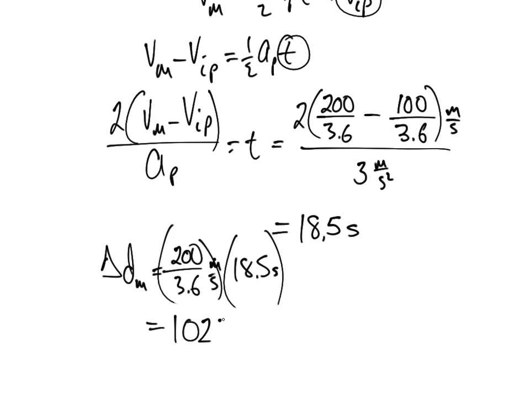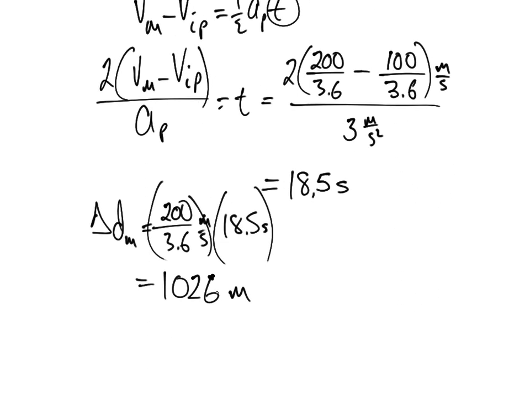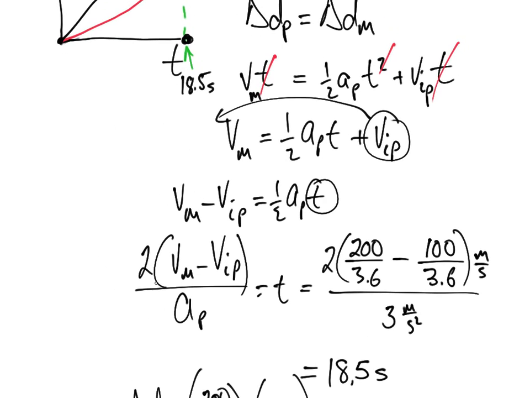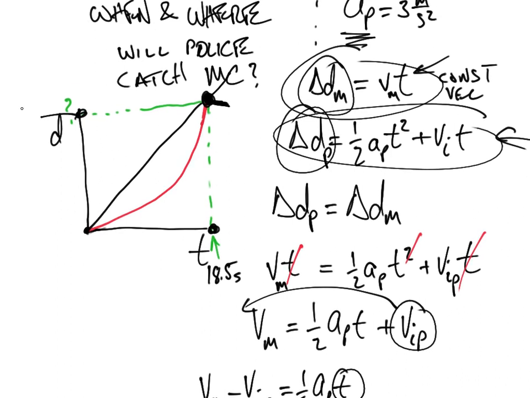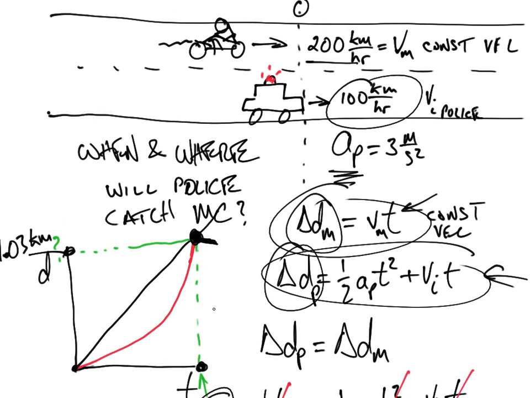Either 1028 or 1026, I can't remember. Anyways, it doesn't really matter because I'm just going to round it anyways. We'll say 1026. Now that's in meters, but I'm going to express this in kilometers. So that's going to equal 1.03 kilometers. Yay! So there's our answer. It's going to take, at this point right here, 1.03 kilometers and 18.5 seconds for the police officer to catch up to that motorcycle.